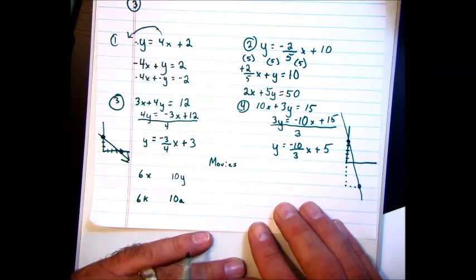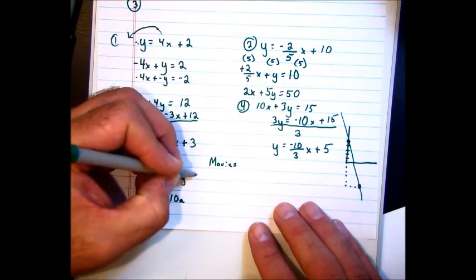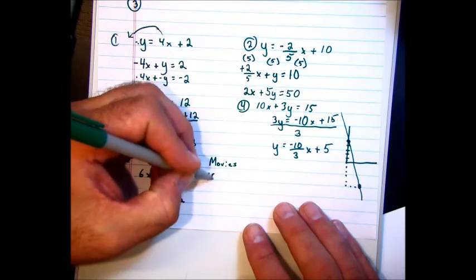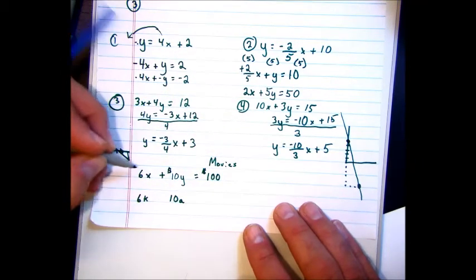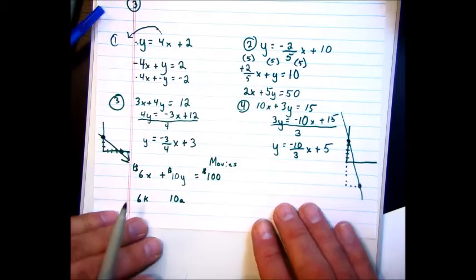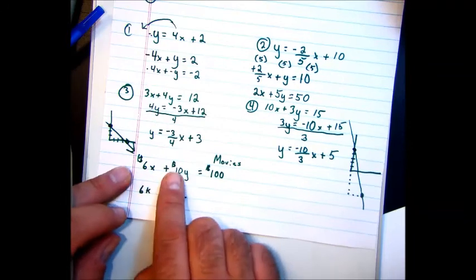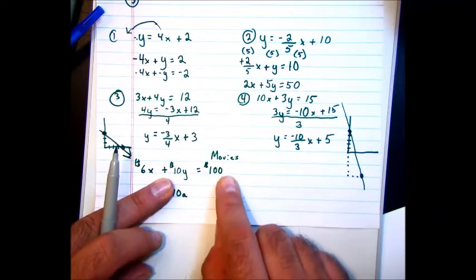And then it says there was a total of $100 spent. Well, then this would be $100. But notice, everything is in terms of dollars. This was $6 per child, $10 per adult, and $100 total was spent.